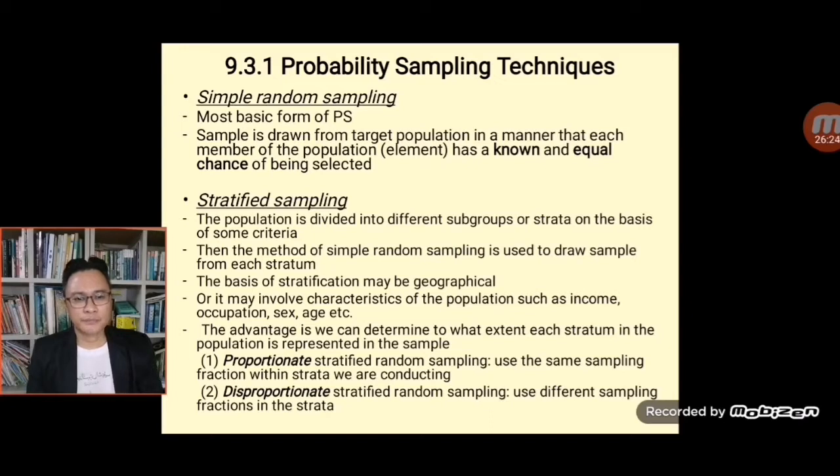Stratified sampling. Stratified ada 2 jenis, proportionate and disproportionate. Okay, tengok. Stratified sampling. The population is divided into different subgroups or strata. Strata ni dia ada gugusan. Sampling bergugusan.